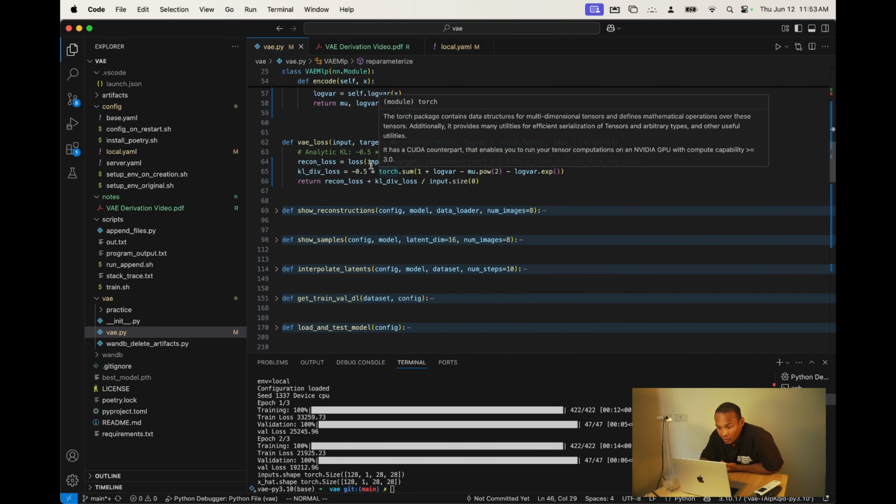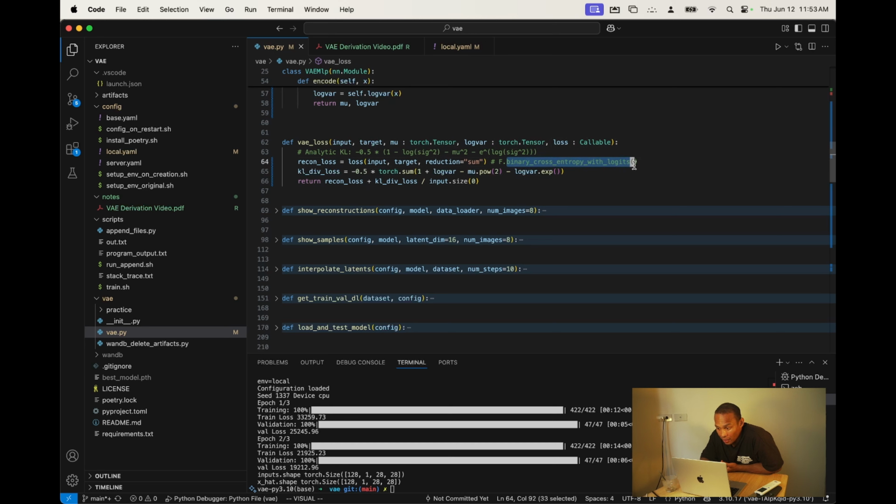For the loss function, we're using binary cross entropy. That's this callable function here. For the predictive distribution in the case of MNIST data, which is grayscale, we model each image as the likelihood.